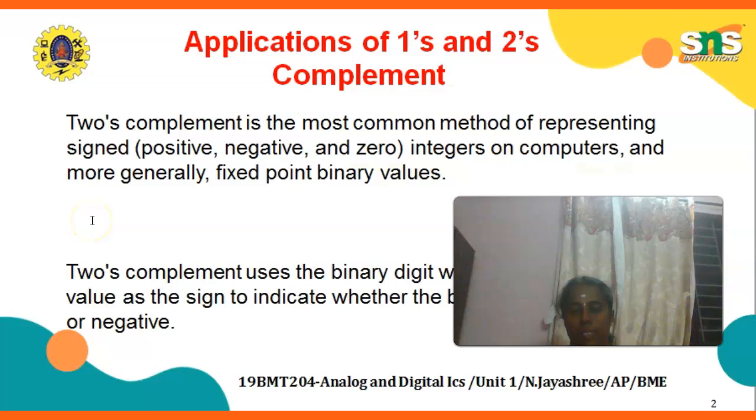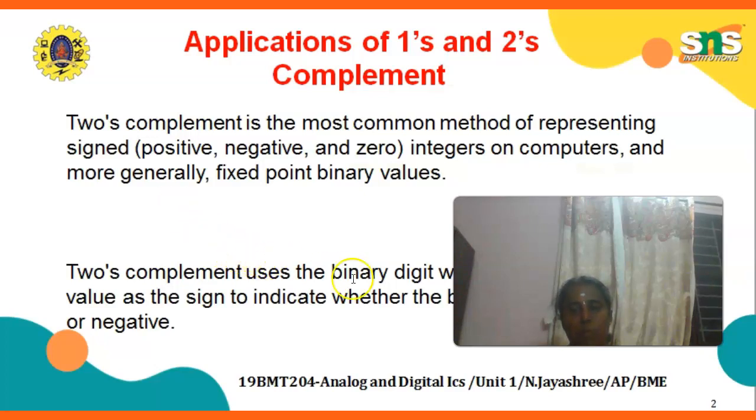Twos complement is the most common method of representing signed digits, positive, negative and 0, and also integers on computers, and more generally fixed point binary values.